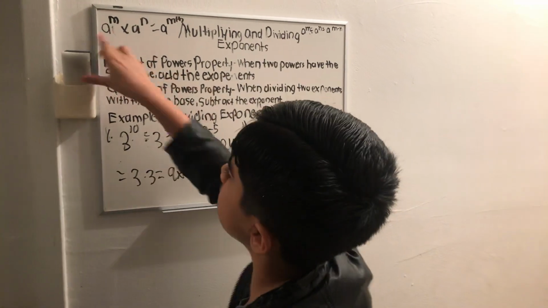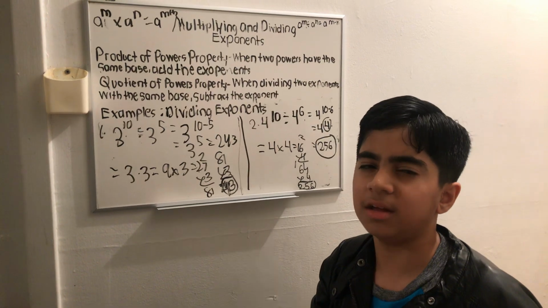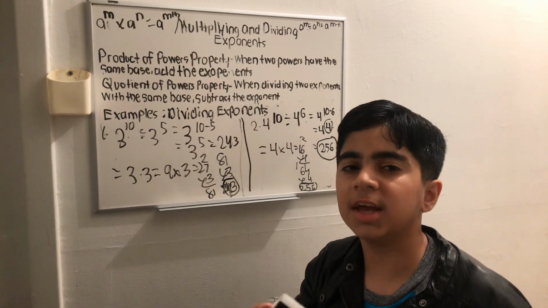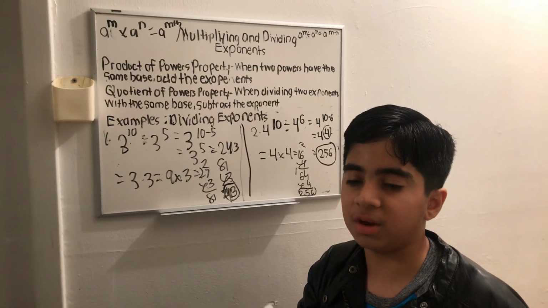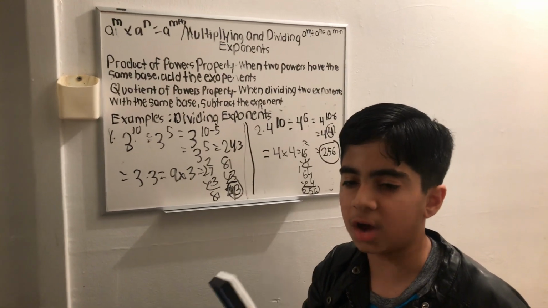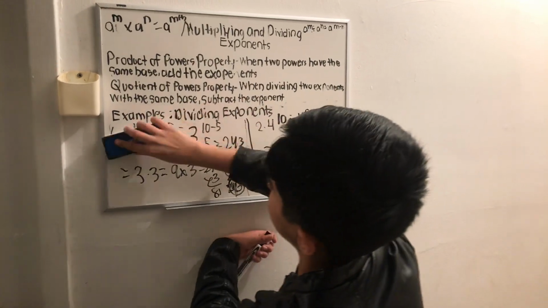Alright. Now we're going to do the last procedure today. We're going to combine multiplying exponents and dividing exponents into two elements, like a fraction. So we're going to combine them. Let me show you how.